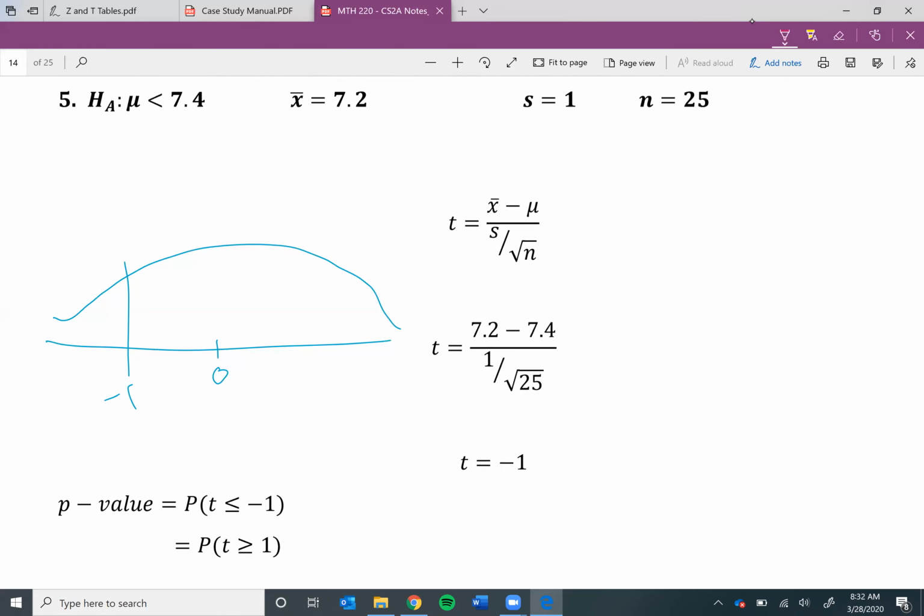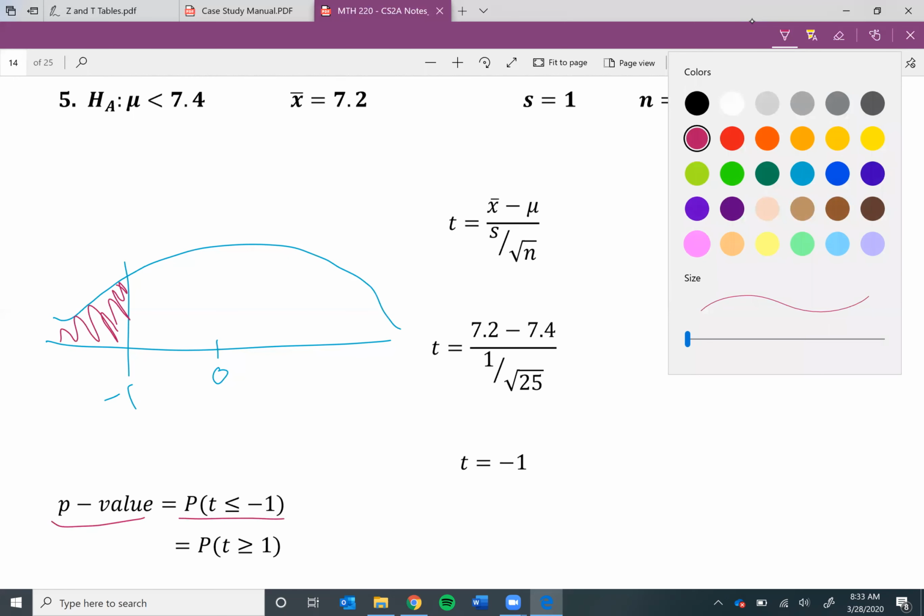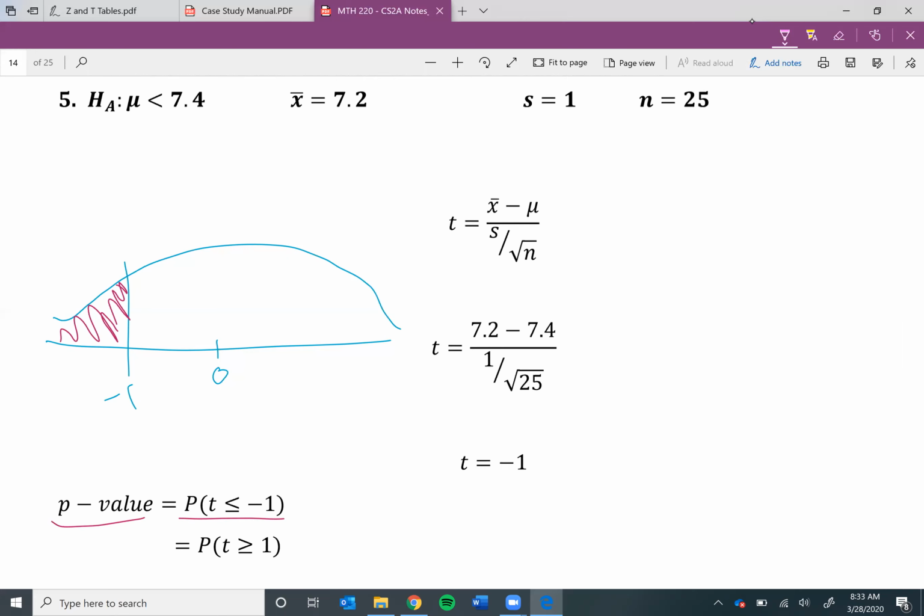This is my p-value. But what I have shaded in that dark pink color is going to be the same as the area here. This is 1. That's going to be the same as this shaded area up above.